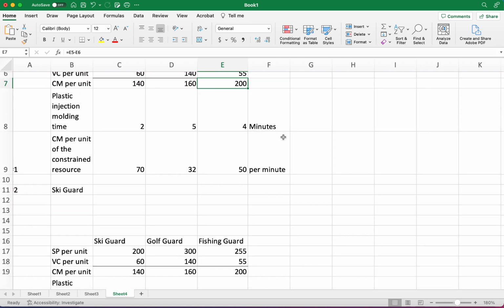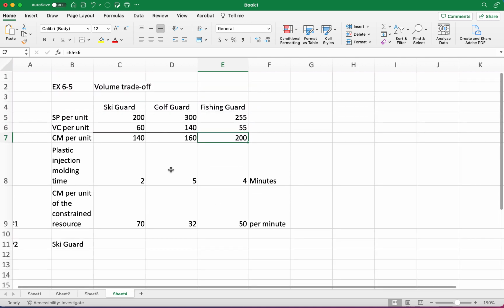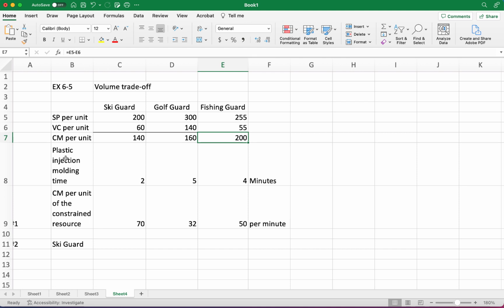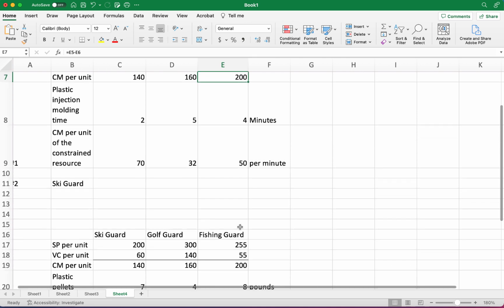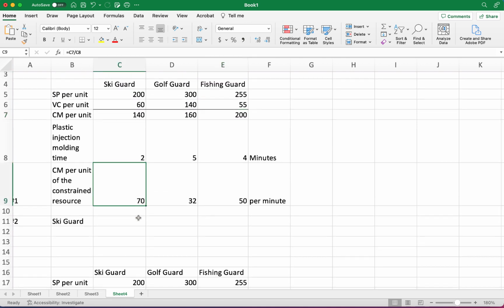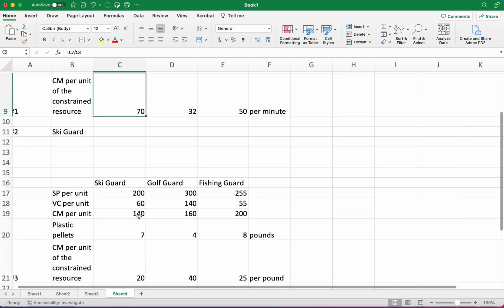But why wouldn't this product be the most profitable use of the constrained resource? Well, it's because we have to look at the numbers, right? And we see that if the constrained resource is the time on the molding machine, the fishing guard only provides us with a $50 contribution margin per unit of the constrained resource, while the golf guard provides us more. The golf guard provides us $70 contribution margin per unit of the constrained resource, okay.